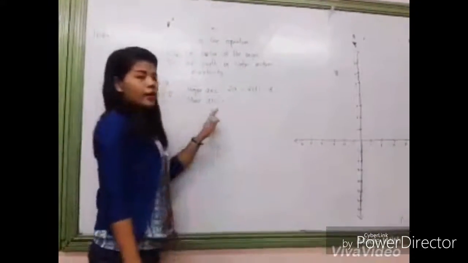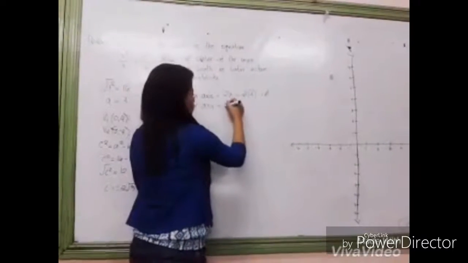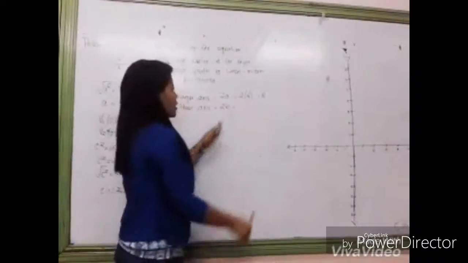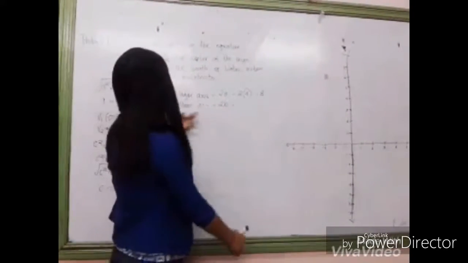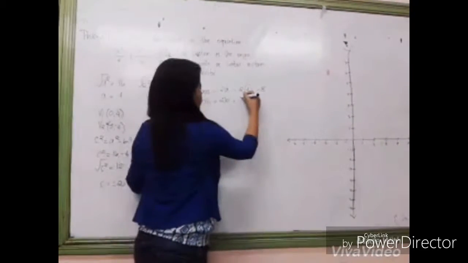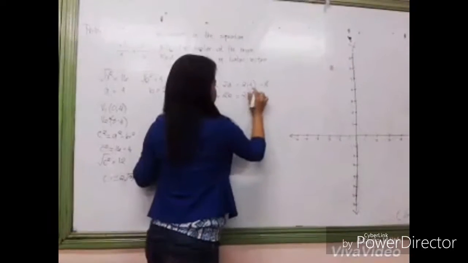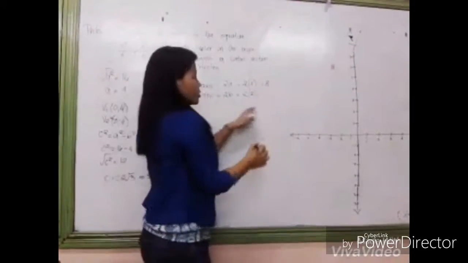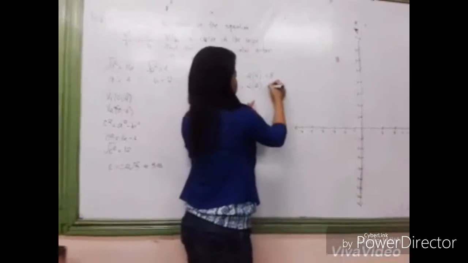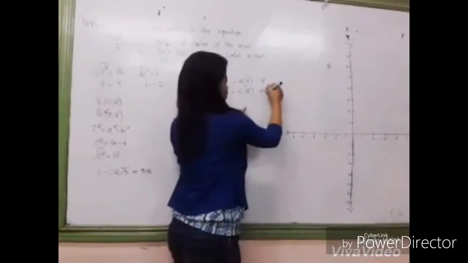In our minor axis, we have 2b, and the value of b is 2. So 2 times 2 is equal to 4.